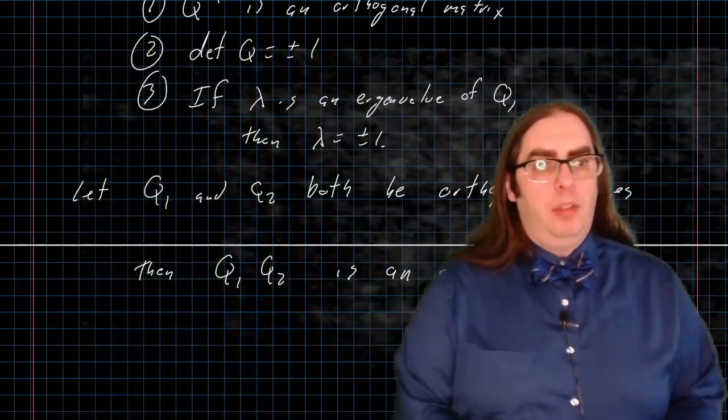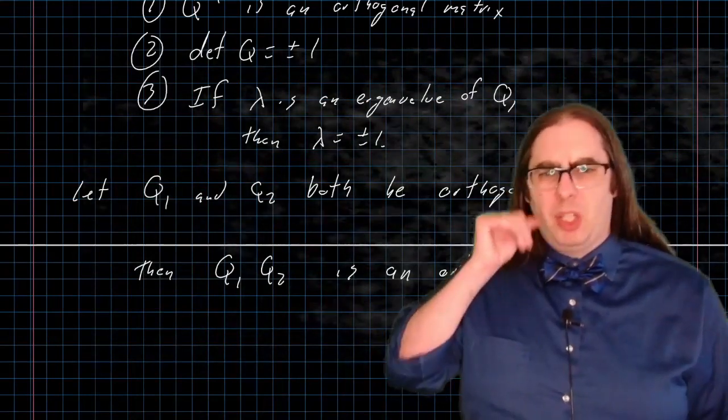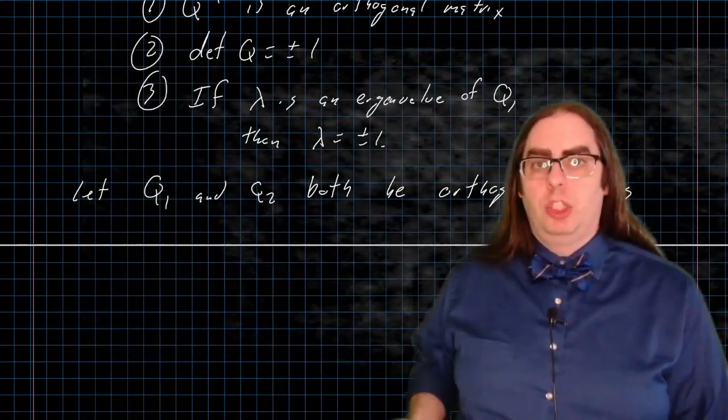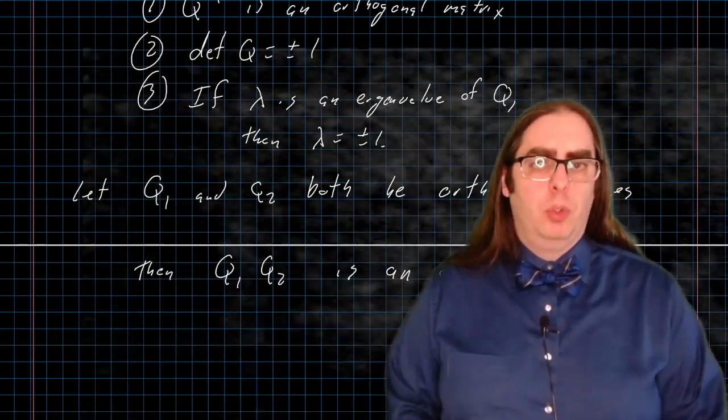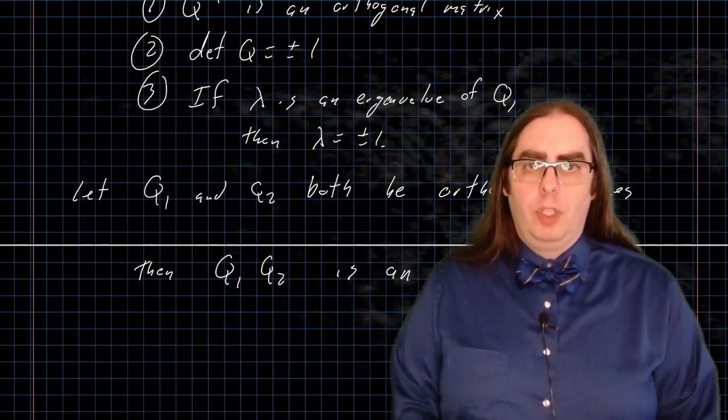These properties are going to show up, probably not all of them, but several of them are going to show up in the problem set for this week, homework problems for you to work on proving on your own.